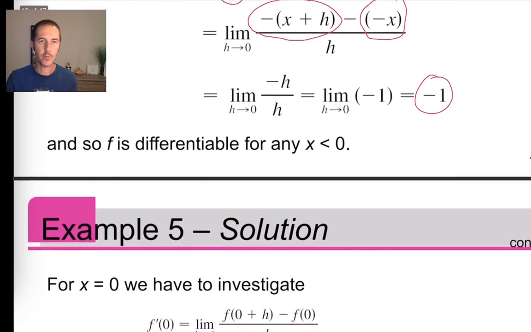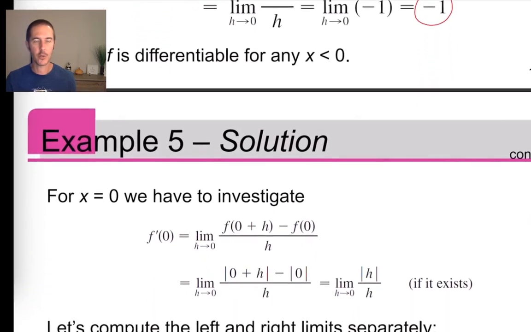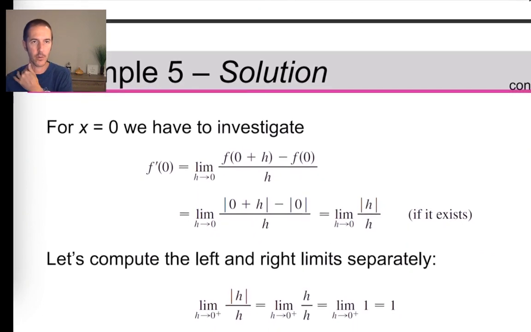So f appears to be differentiable for x values that are greater than 0 or less than 0. And what about when we have an x value that is 0? If we go through all of the motions, we find that we get this statement. Now, we haven't concluded the process of evaluating the first derivative at 0. We sort of stalled out here.